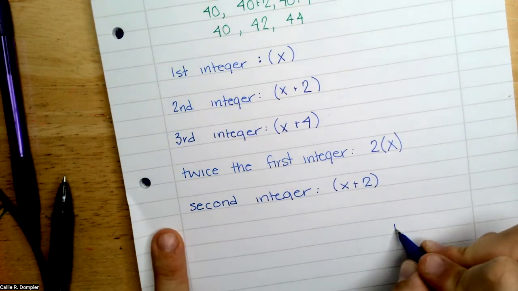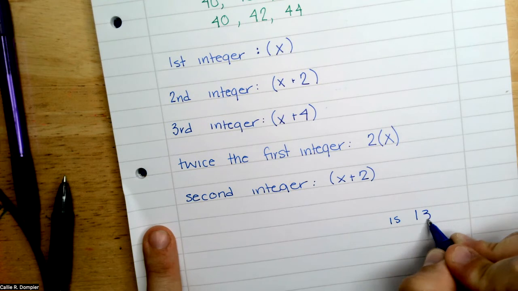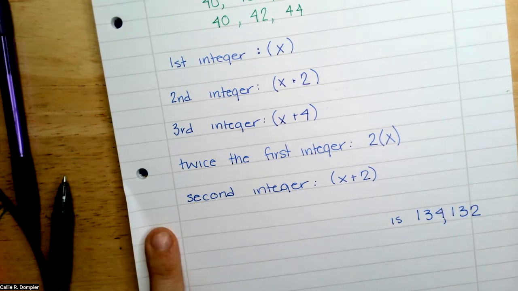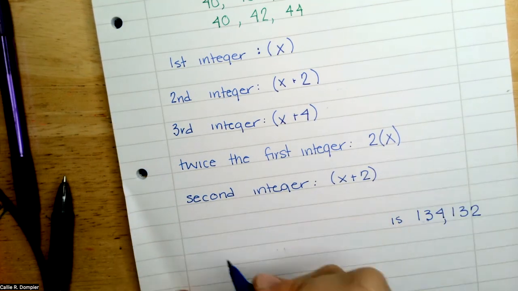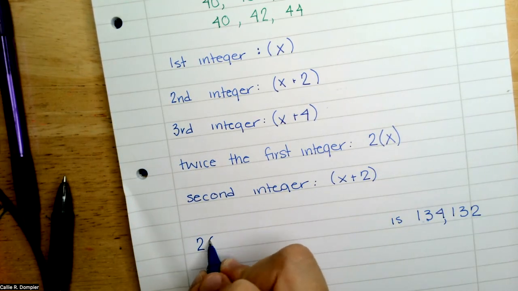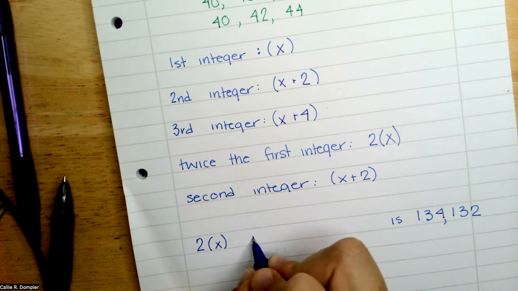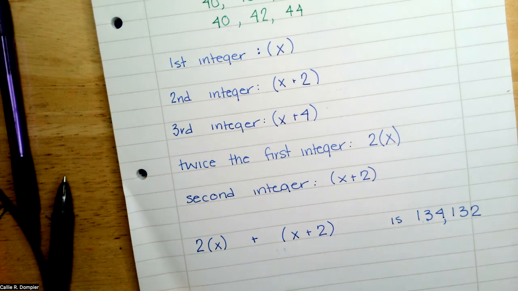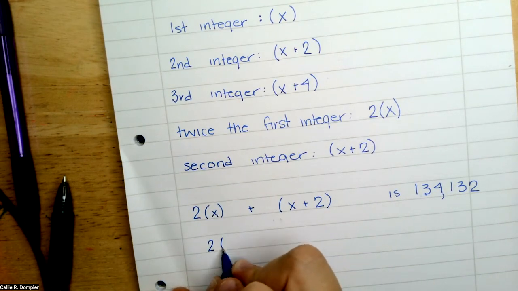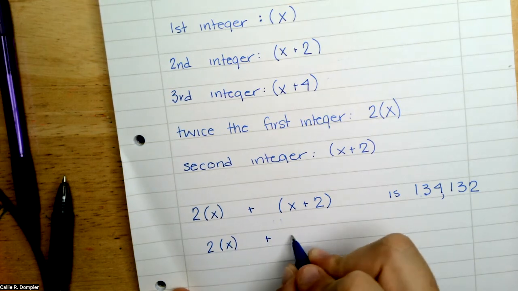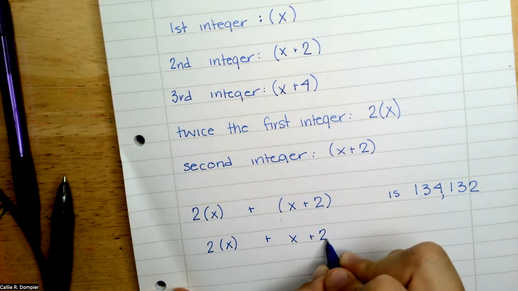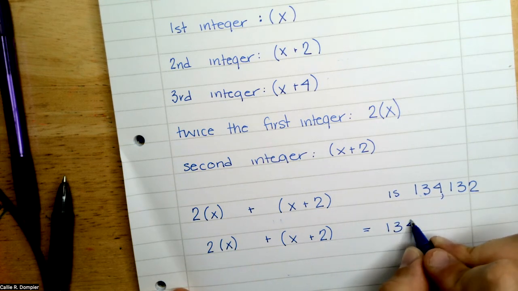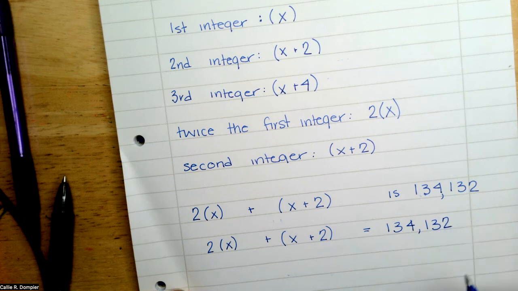So twice the first integer added to the second integer is 134,132. Okay? So let's bring it down. Twice the first integer added to the second integer is, means equal. So I'm going to write it again. 2 times the first integer plus the second integer is 134,132.